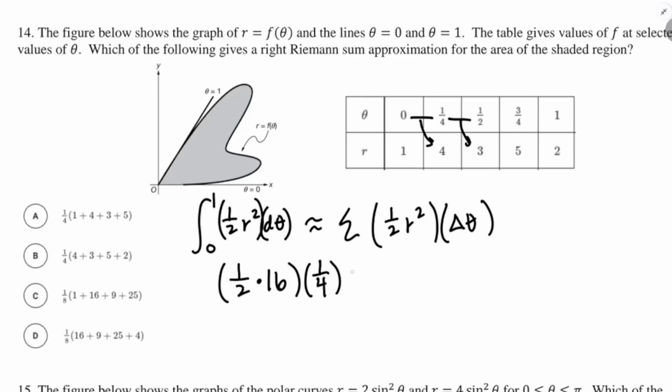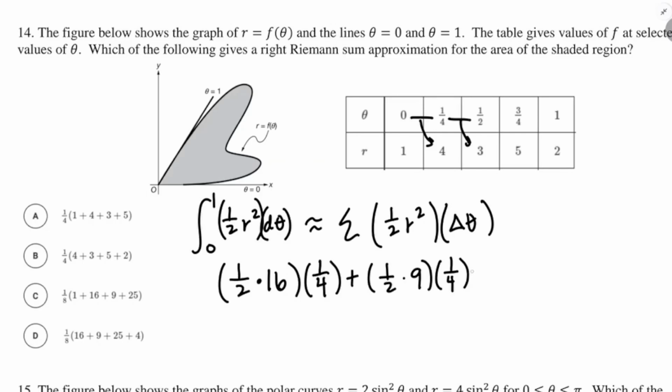And then plus 1/2 r squared, delta theta is 1/4 again. That's going to keep happening. So I see we can factor out that quarter, but we're probably actually going to want to factor out the eighth for the 1/2 r squared. Anyway, yeah, right Riemann sum.